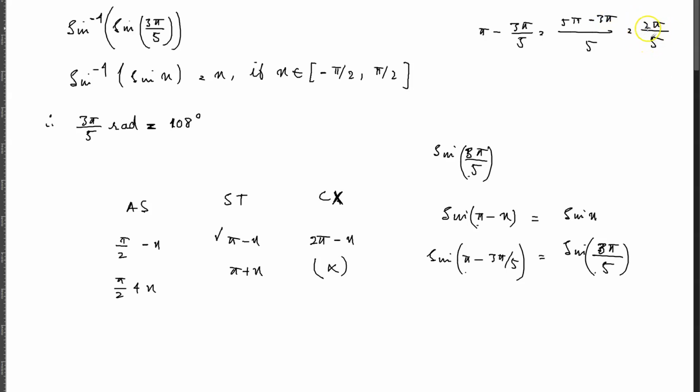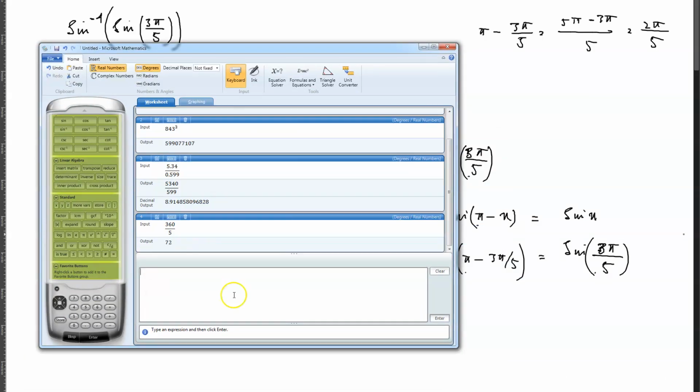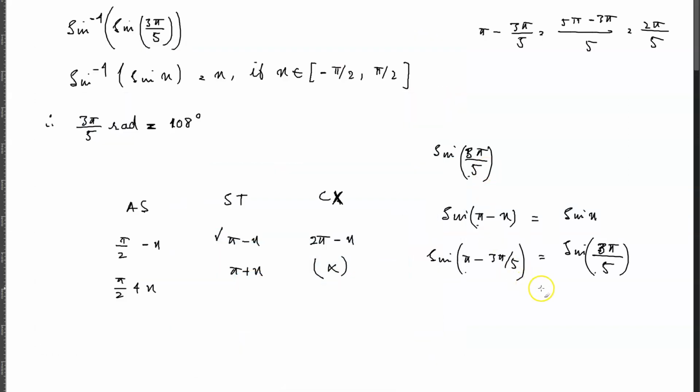I don't even know what sort of angle that is, but we can find out. That is basically 360 divided by 5, which is something like 72 degrees. So 72 degrees is of course less than 90 degrees, so we can accept that.